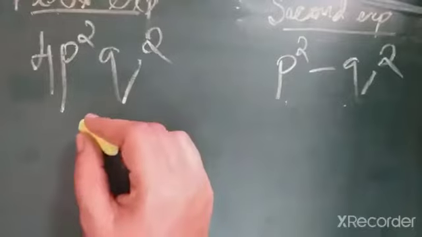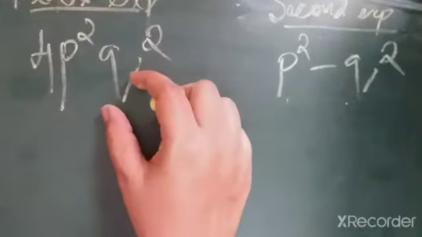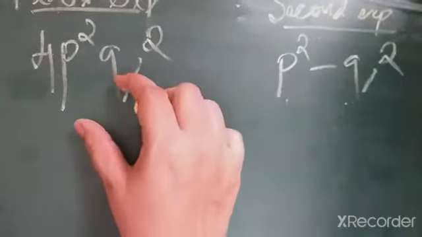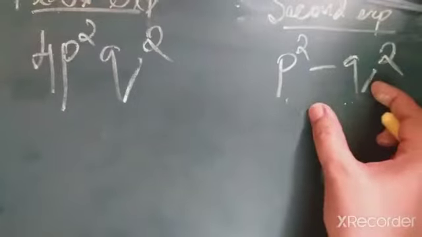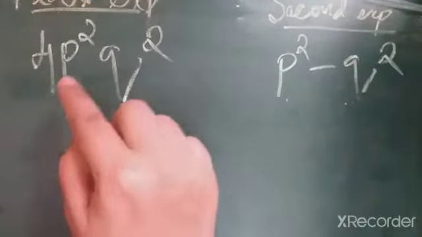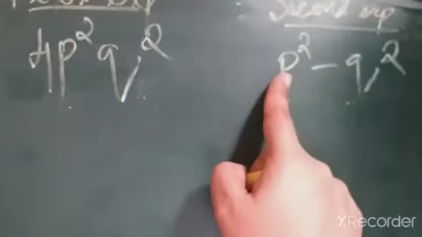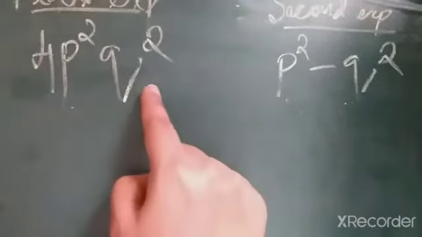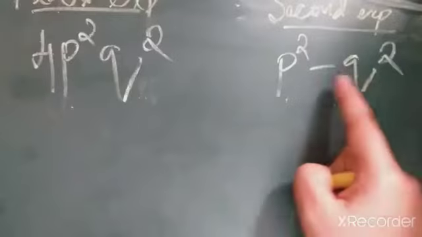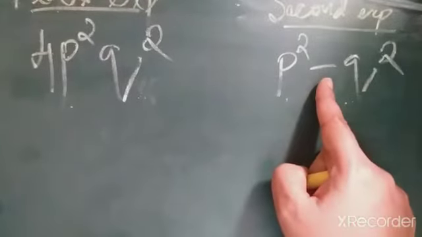Now the multiplication rule means the monomial is multiplied with each term of the next expression. So this is the monomial, 4p square q square, the whole monomial: 4p square q square into p square, then 4p square q square into q square. In between you have to write the minus symbol, because here the minus symbol is there.